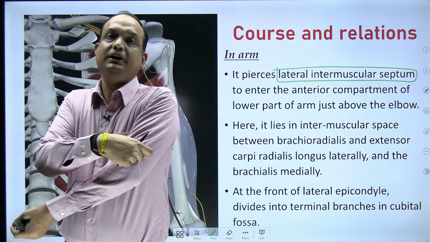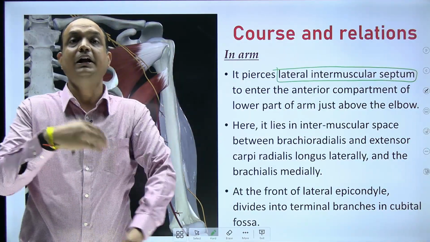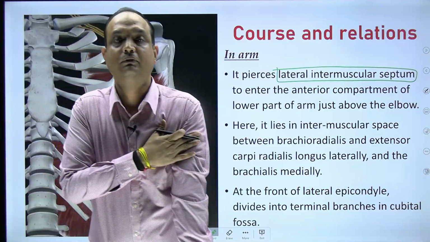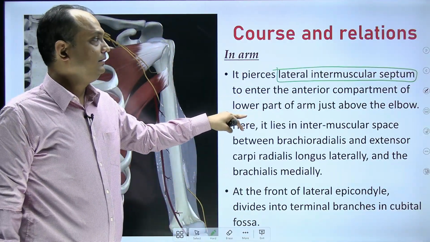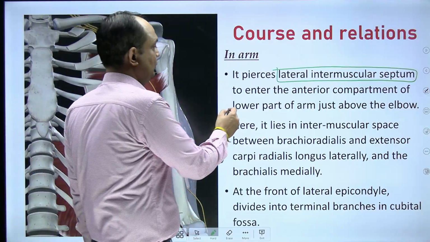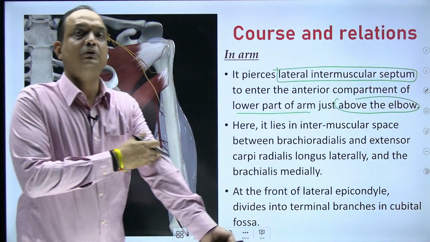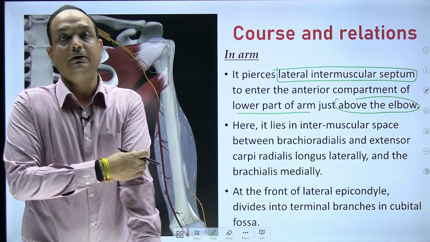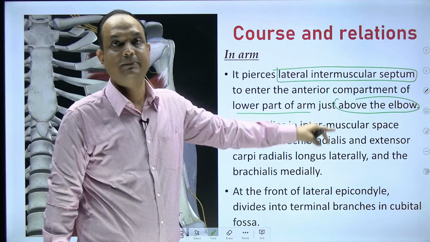Now at this point in the posterior compartment, it pierces the lateral septum to re-enter the front of your arm. So to enter the anterior compartment, just in the lower part of the arm above the elbow, just above the elbow joint, it tries to enter, and how does it enter? By piercing the lateral intermuscular septa.